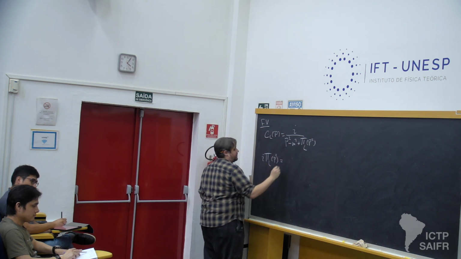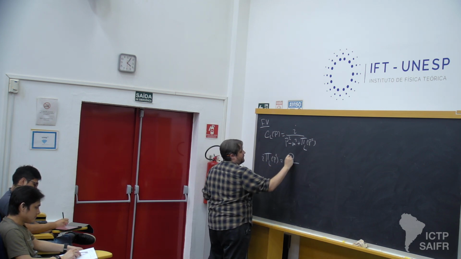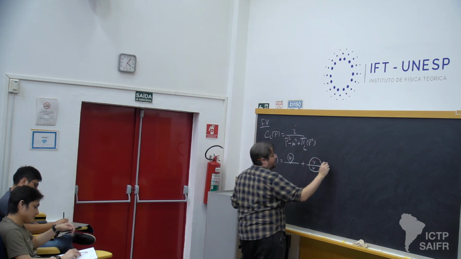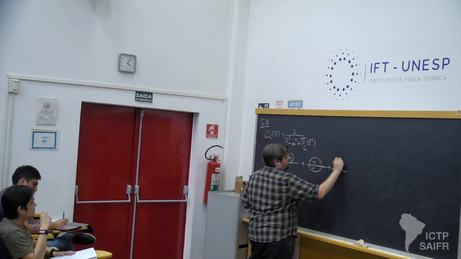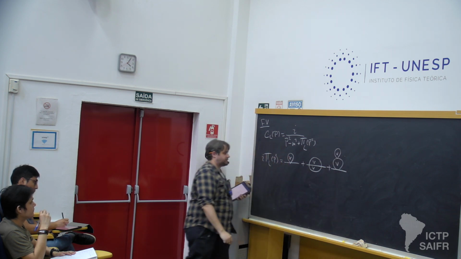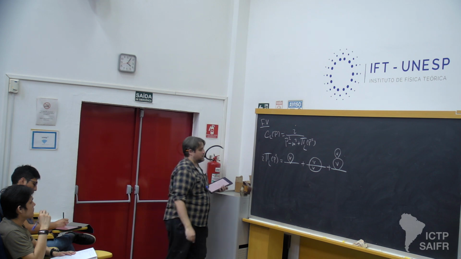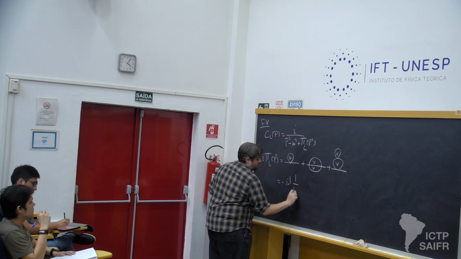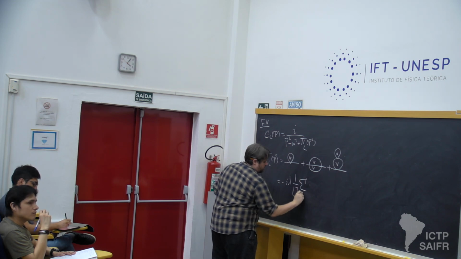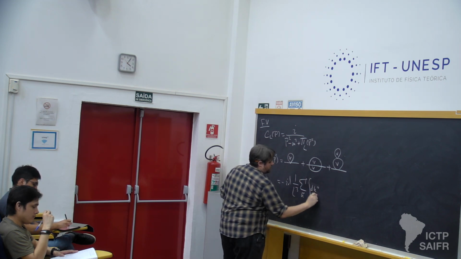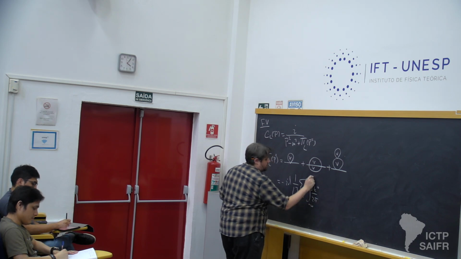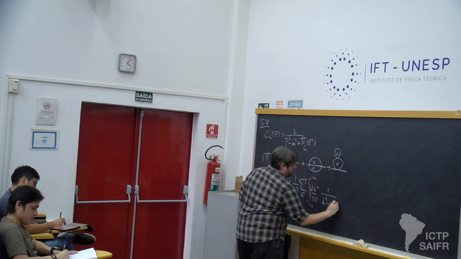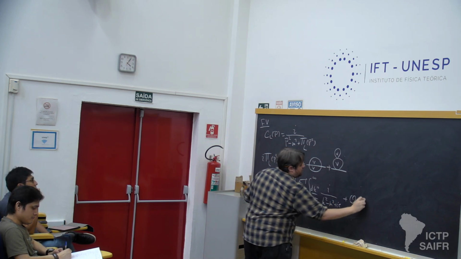And for loops with finite volumes, I'll write a little v inside the loop, just to help remind us that these diagrams I'm talking about are finite volume objects. So to leading order, we have this.